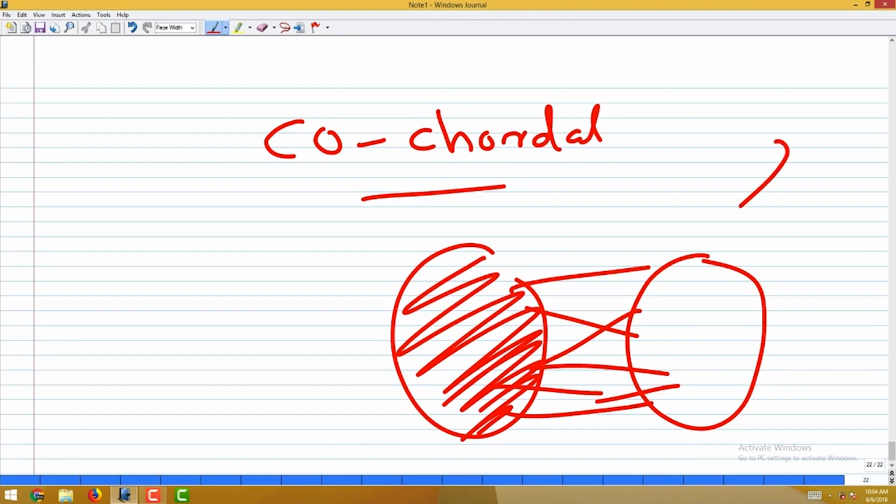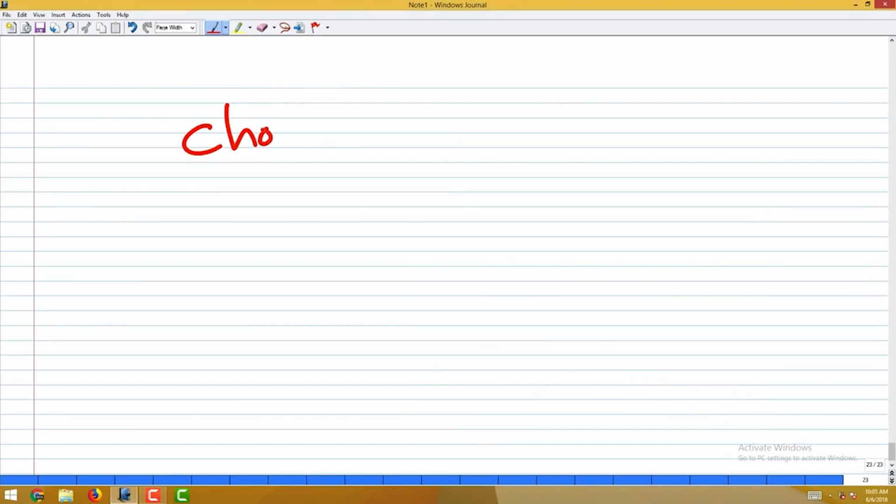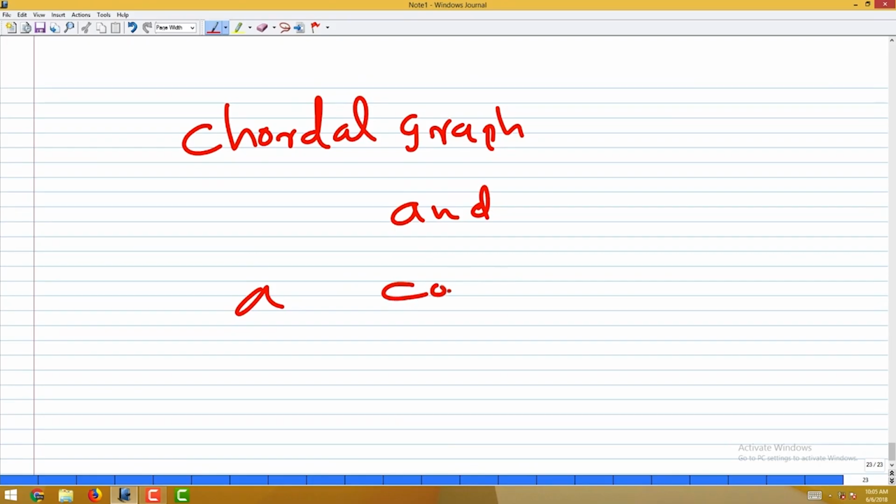So therefore, the split graph, if you take the complement, is again a split graph, neatly the same structure, right? So if the original was a chordal graph, the complement is also a chordal graph. So it is actually the complement of a chordal graph. The original was a complement of a chordal graph. It is a chordal graph and a complement of a chordal graph, right? So, in other words, a split graph is a chordal graph and a co-chordal graph.